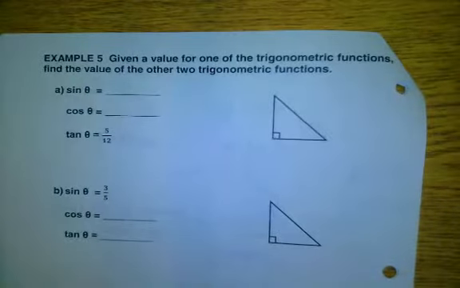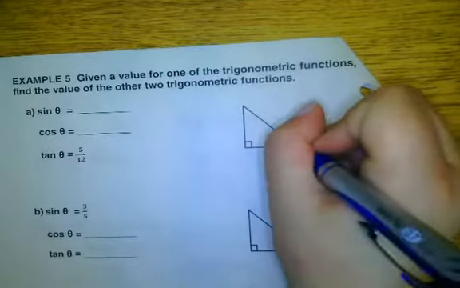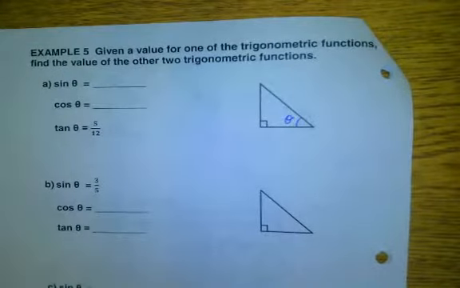Given a value for one of the trigonometric functions, find the value of the other two functions. Alright, I'm going to make theta, which is an angle, it's just a fancy word, this angle here. If I know the tangent of theta equals 5 over 12, tangent is what sides?